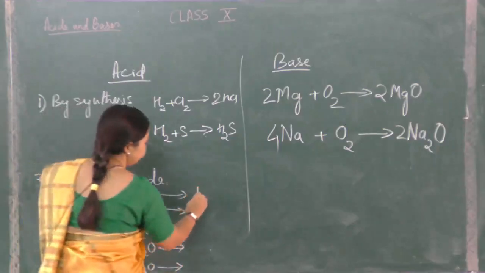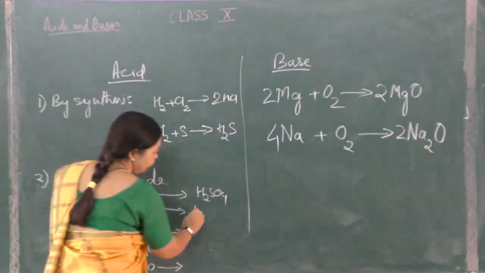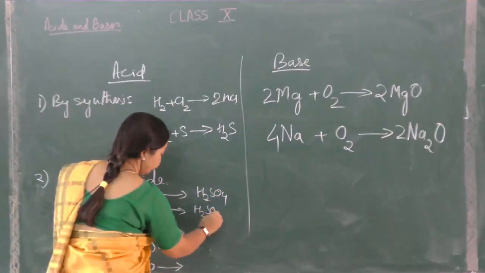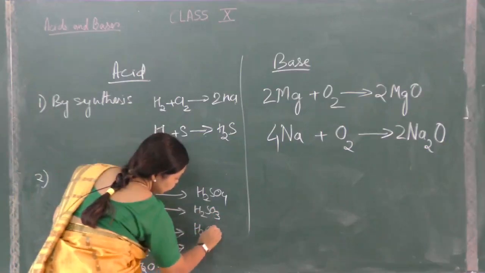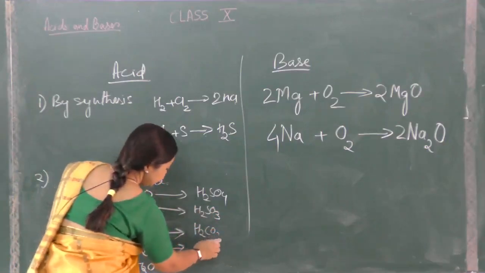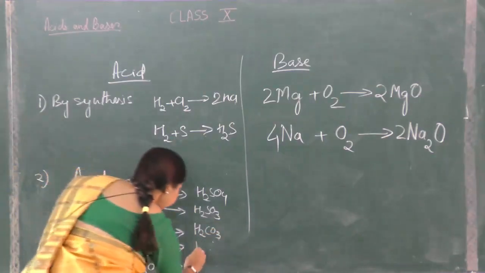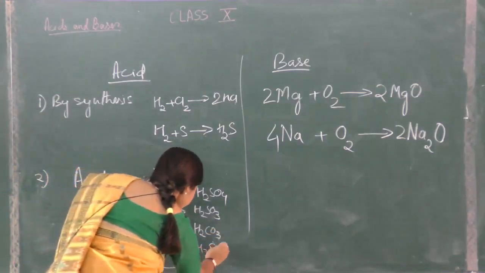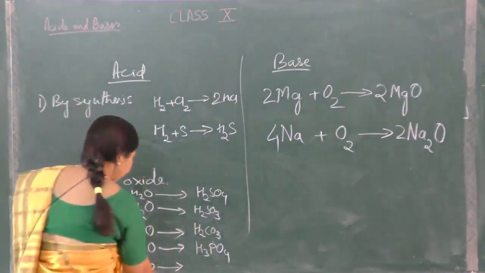SO3 will form sulfuric acid, H2SO4. SO2 will form sulfurous acid, H2SO3. Carbon dioxide will form carbonic acid, H2CO3. P2O5 will form phosphoric acid. N2O5 will form nitric acid.